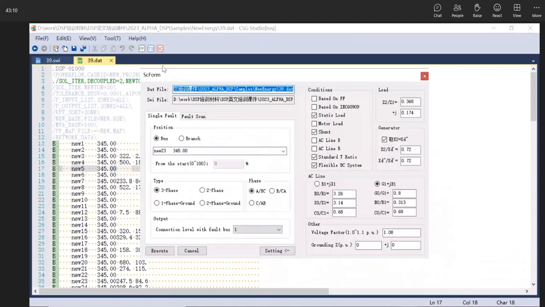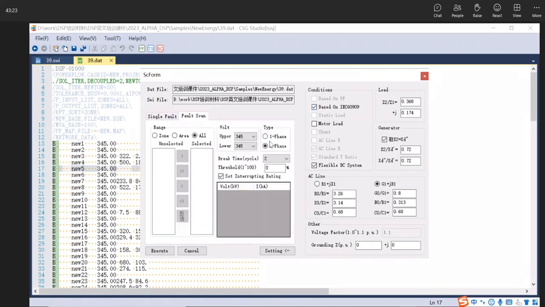If we want to calculate the decay time of the DC component, we should select based on the international standard and then execute.